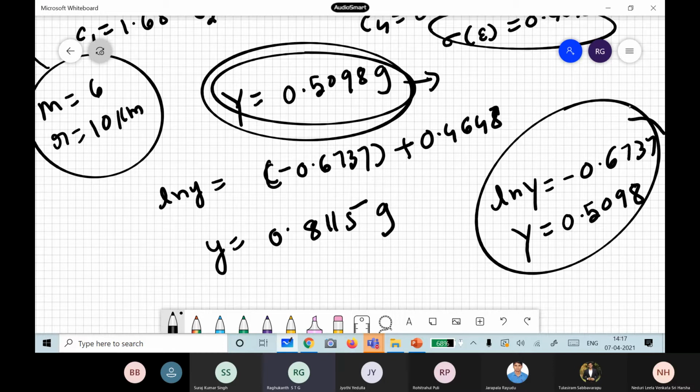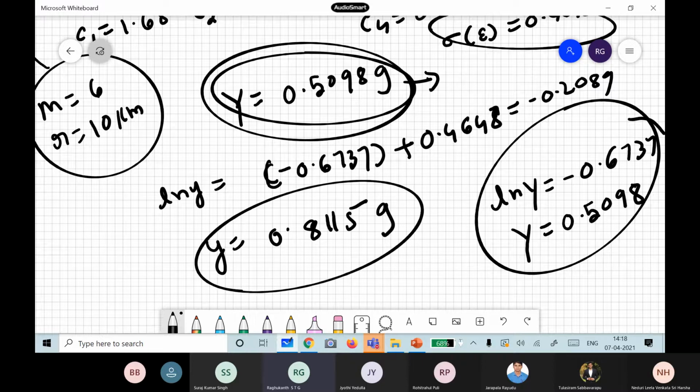Now, if I add one standard deviation, log y turns out to be minus 0.2089, and y, that is the exponent of this, turns out to be 0.8115 g. This is what we call the 84th percentile.